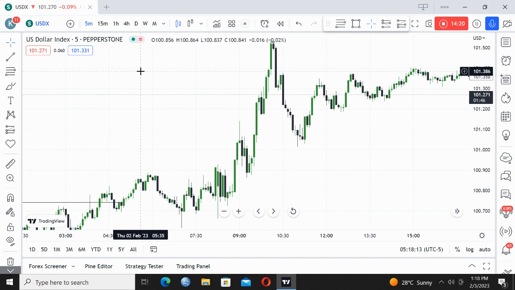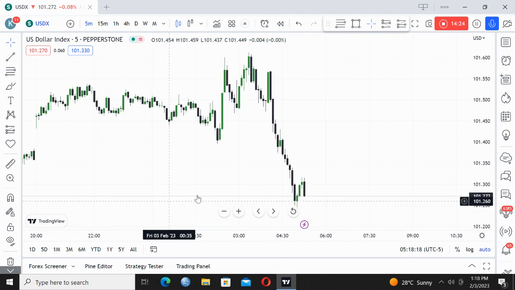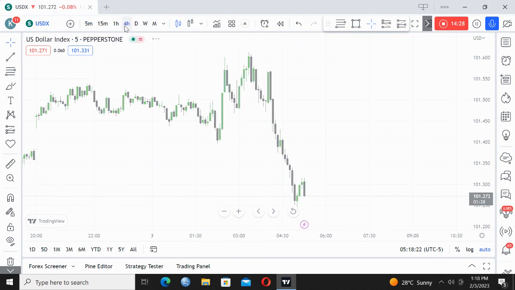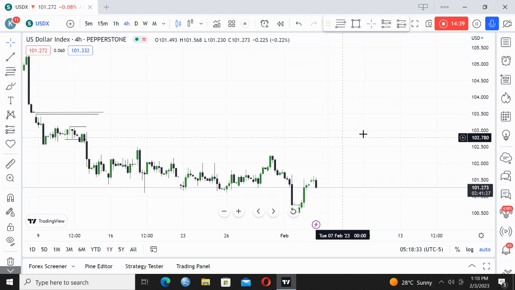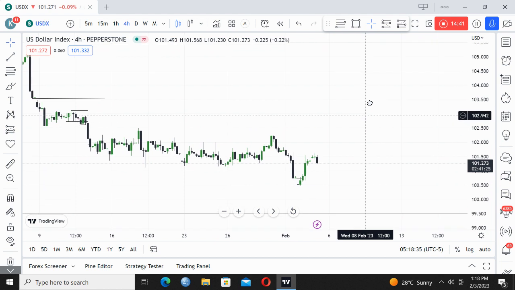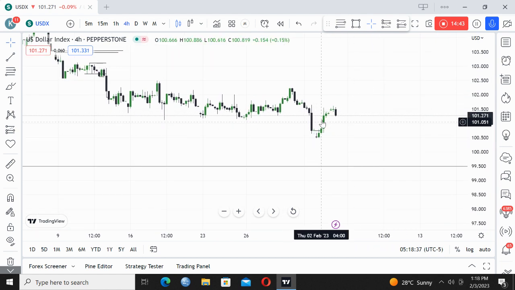So today, you see this gap, it got filled here. We have a fair value gap here between these two candlesticks.